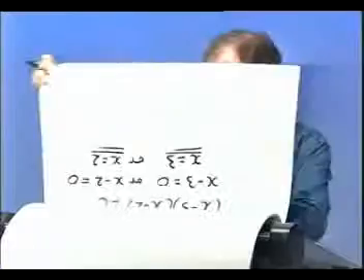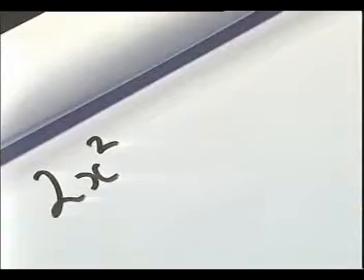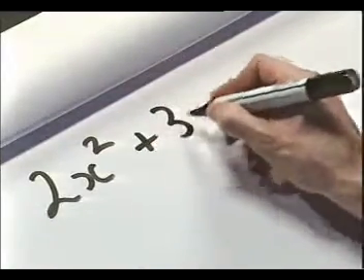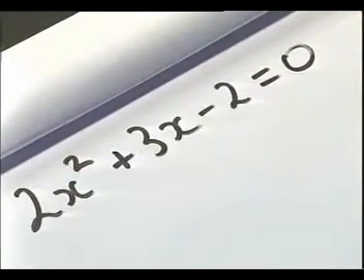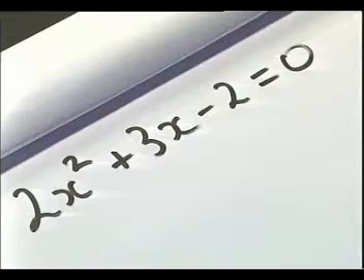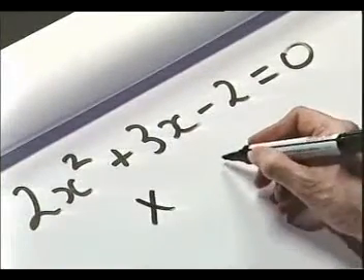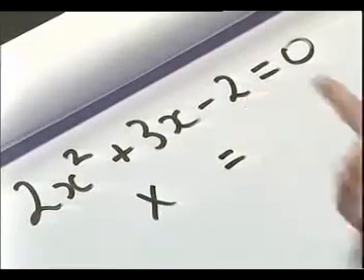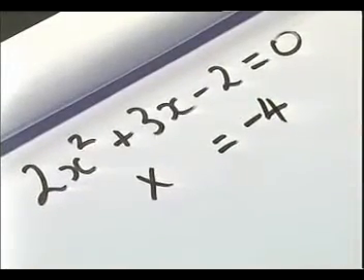Let's take another one. This time, let's take something that does not have a unit coefficient in front of the x squared. So we'll take 2x squared plus 3x minus 2 equals 0. Now, in order to solve this one, we're looking for two numbers that will multiply together to give us 2 times by minus 2. So two numbers that multiply together to give us minus 4.